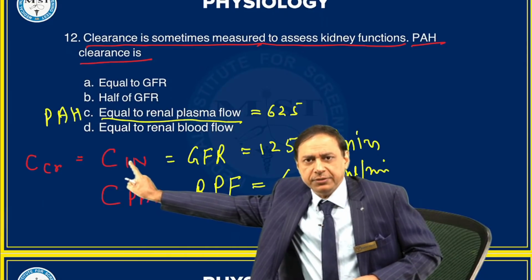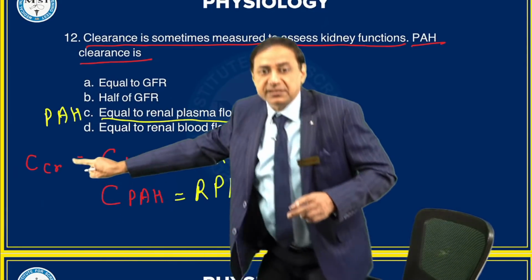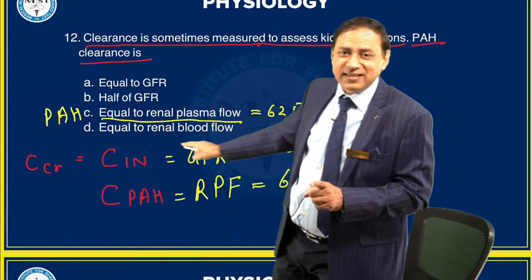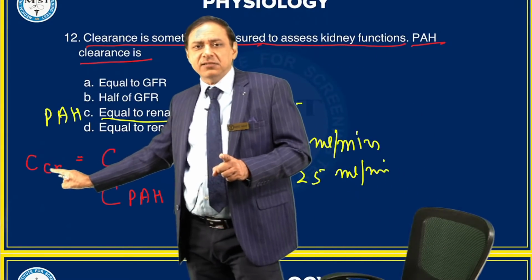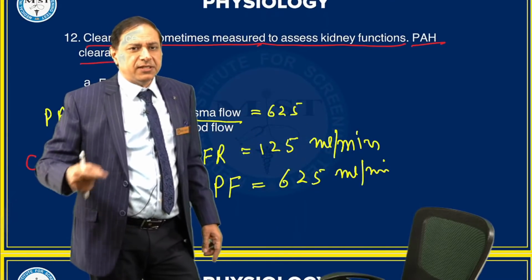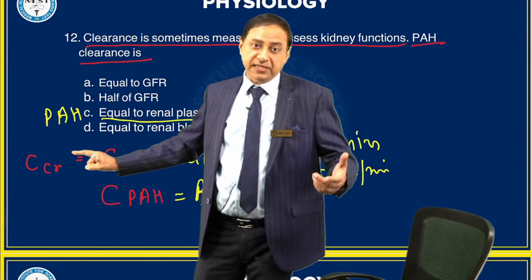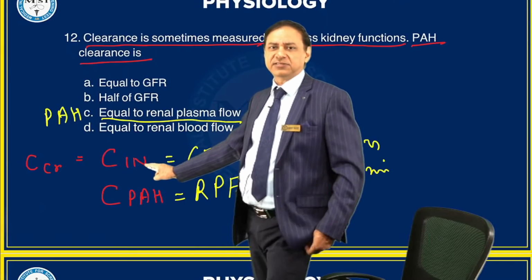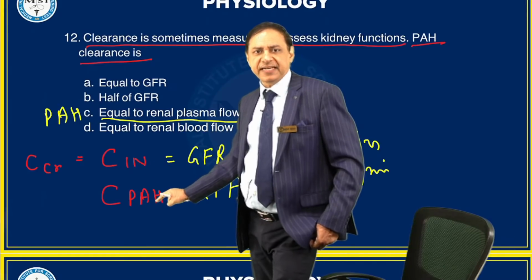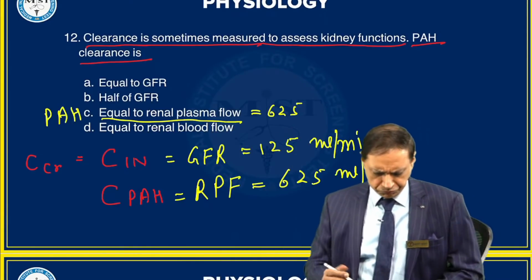Inulin is most accurate. But because inulin we have to inject, and creatinine is an endogenous product, clinically we are using creatinine to assess the GFR. But if I ask you which is the best indicator, then the answer should be inulin. PAH is for renal plasma flow.